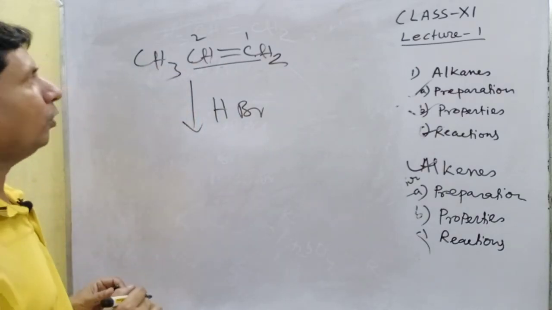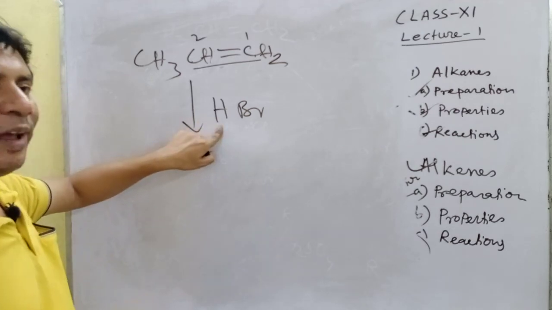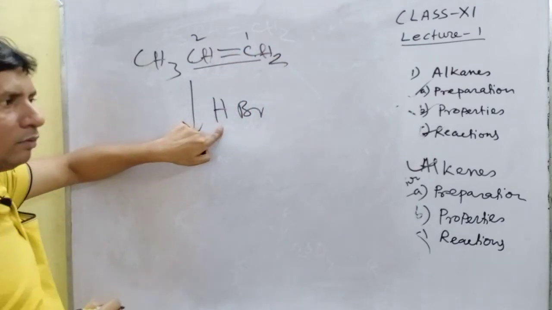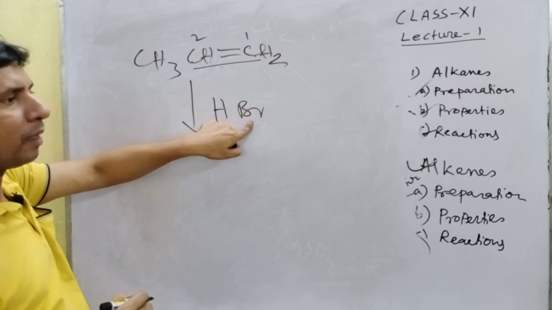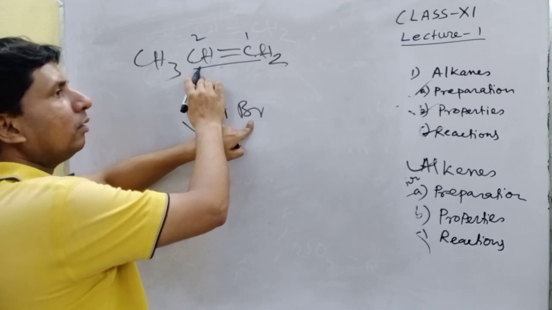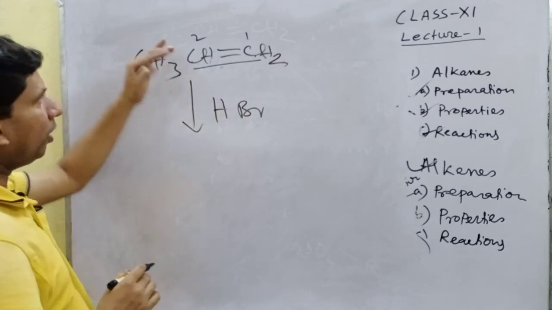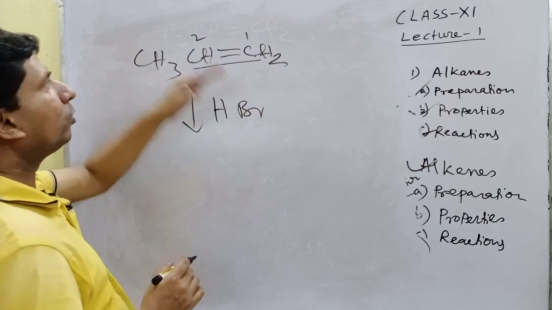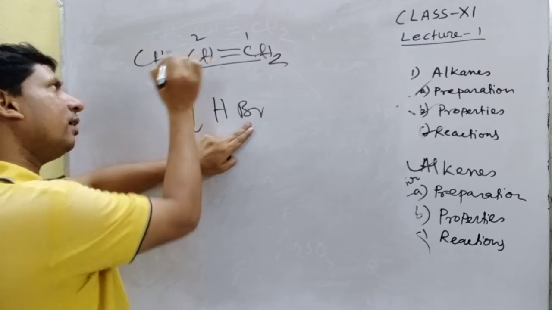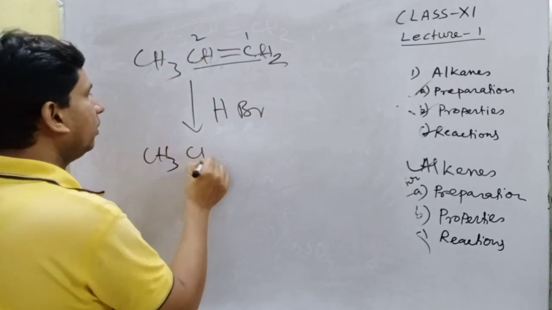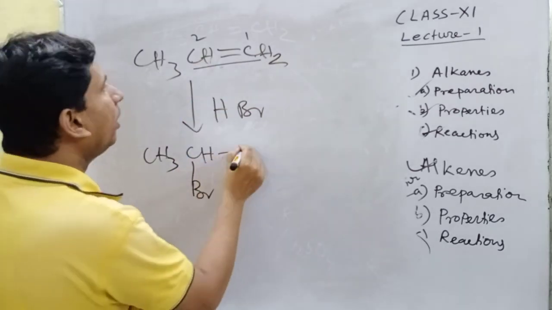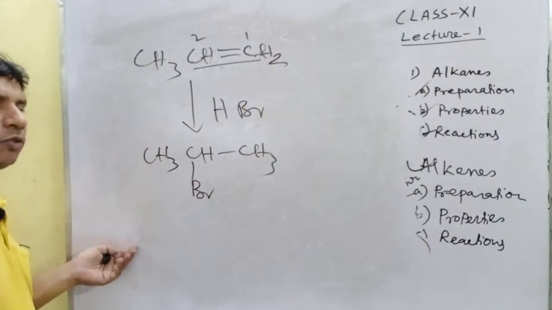So according to the Markovnikov rule, the positive part will be attached to the carbon atom which contains more hydrogen, and the negative part of the polar compound will be attached to the carbon atom which contains fewer hydrogen. So bromine will be attached here and hydrogen will be attached here. This is according to the Markovnikov rule.